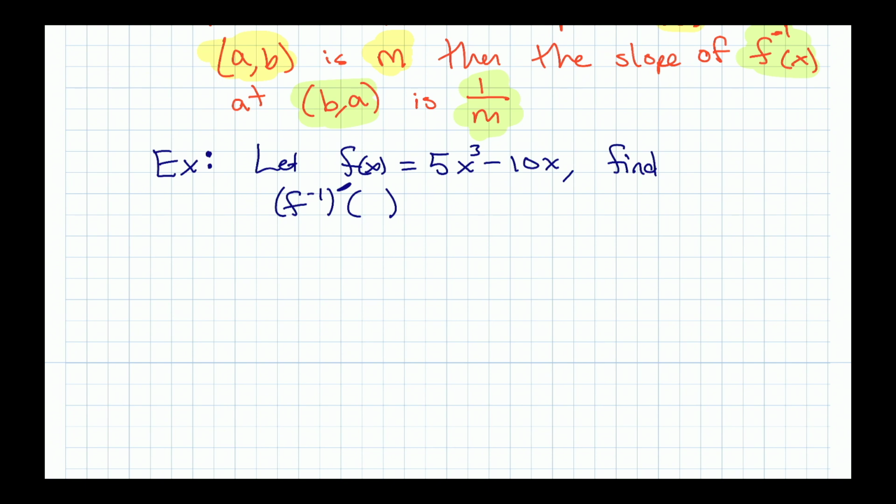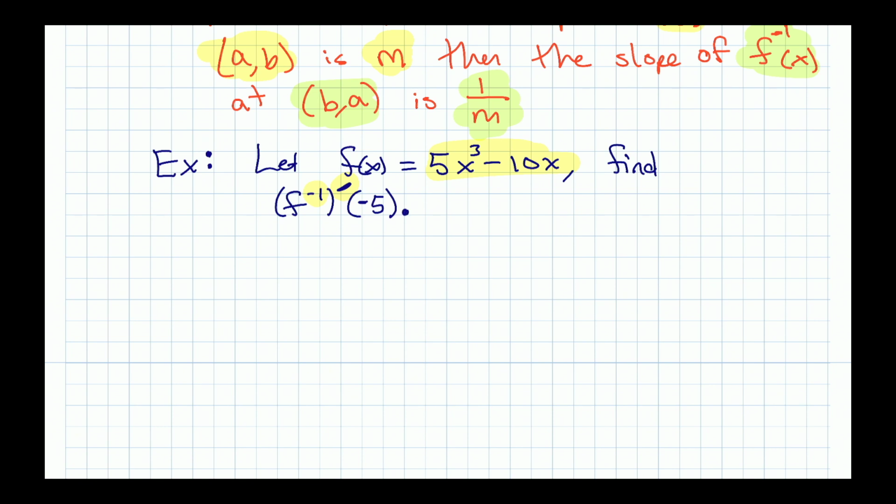Now I can pick any point that I want here, but I need to be able to figure out what it is. So if I put a 1 in right here, what am I going to get? I'm going to get -5, right? So that's the number I want there. So find f inverse prime of -5. That's the derivative of the inverse evaluated at -5.